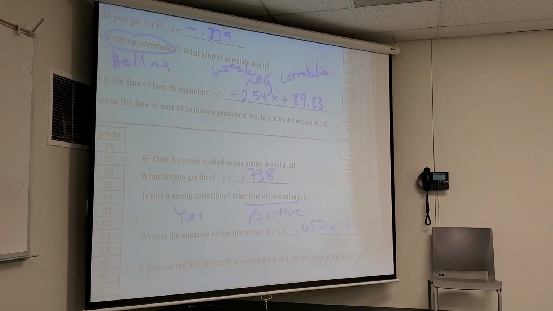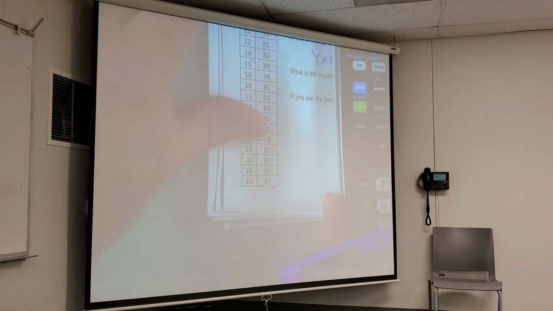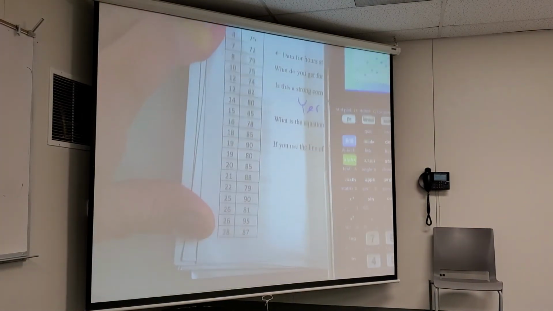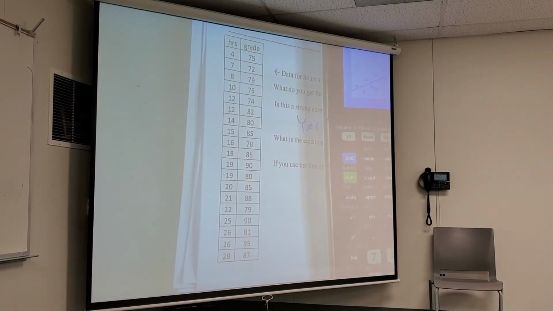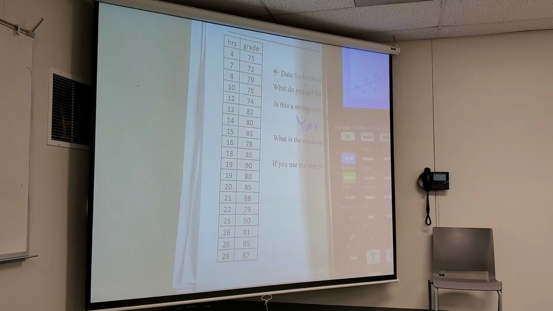So I really want you to realize something. If I wanted you to guesstimate the grade of somebody who studied for 11 hours, before we learned this, our best guess would be just the average grade. What a linear correlation line does is it gives us a much more specific way to predict stuff given some kind of information like number of hours studied.